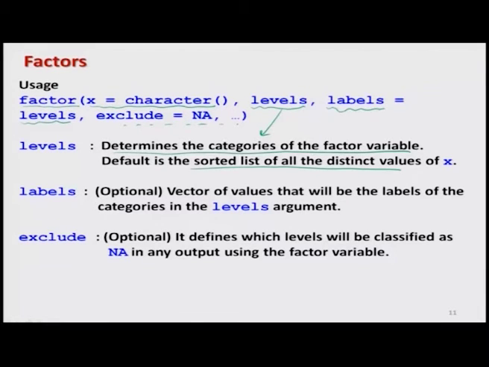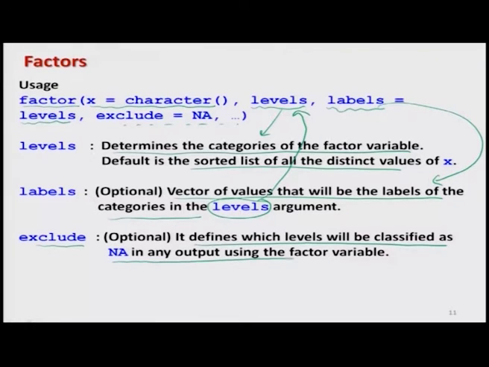Then labels is an optional argument, a vector of values that will be the labels for the categories in the levels argument given here. Similarly, we have the exclude option. This is again an optional argument which defines which of the levels will be classified as not available in any output using the factor variable.